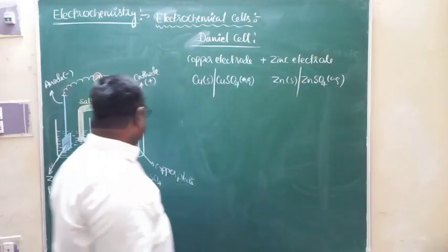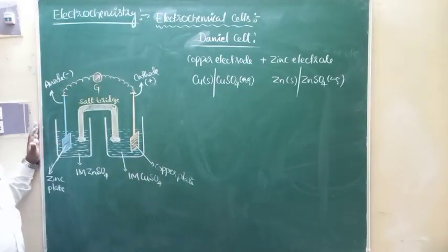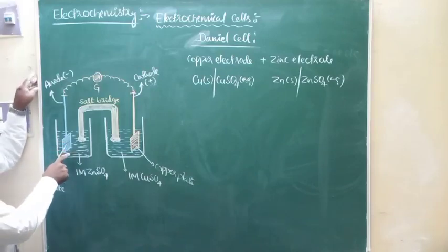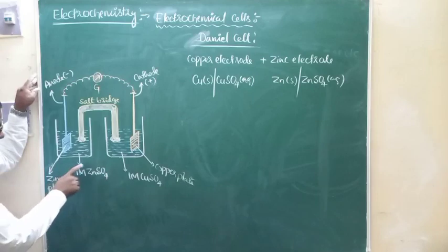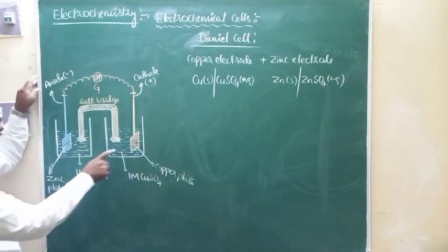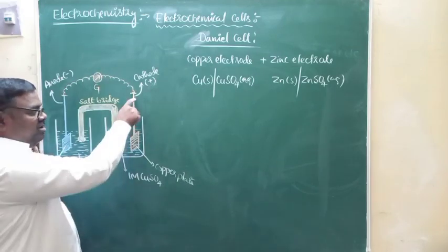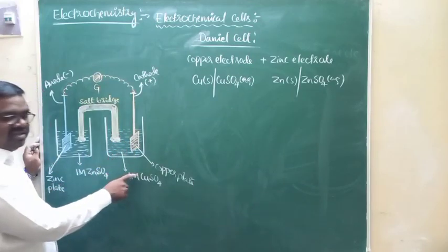Look here. Here is a schematic diagram of the Daniell cell. This is one electrode, where a zinc metal plate is placed in zinc sulfate solution. This is one more electrode system, where a copper metal plate is placed in copper sulfate solution.